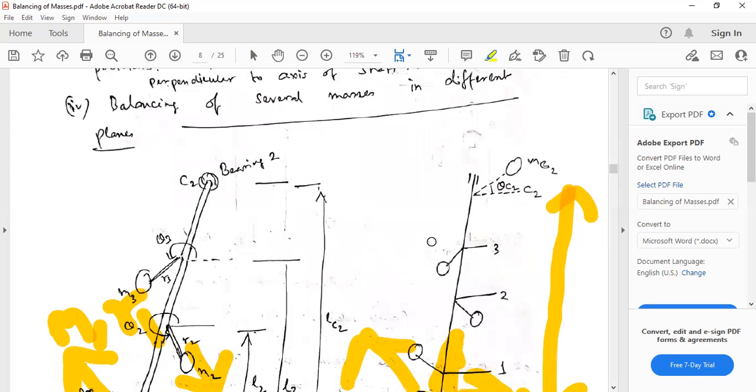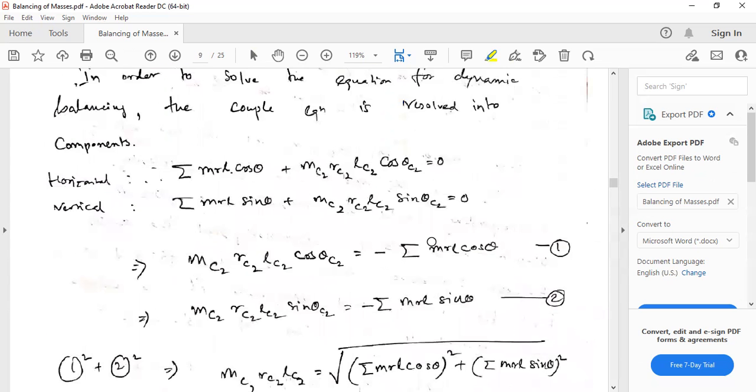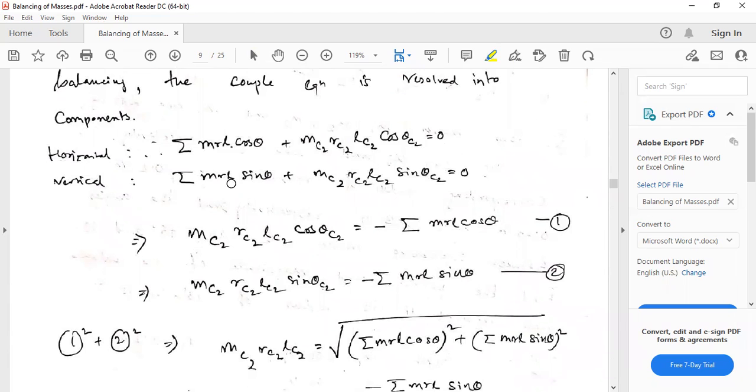So here we have found their horizontal components. All horizontal components we have taken as cos theta, whatever angle we have, cos of that angle. This one has cos theta c2. Similarly, vertical components will have sin theta.